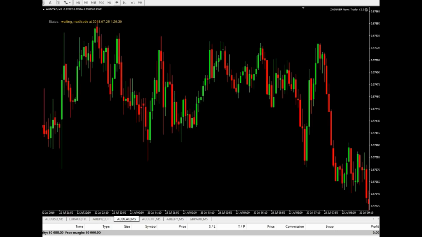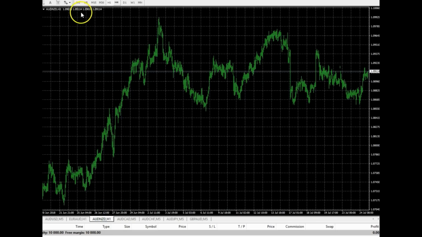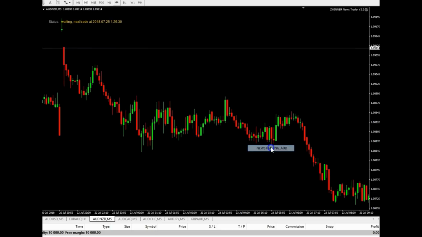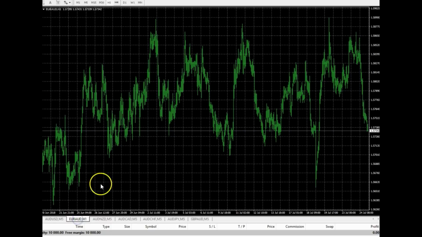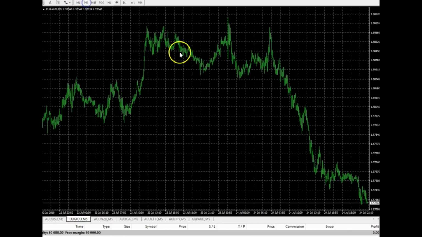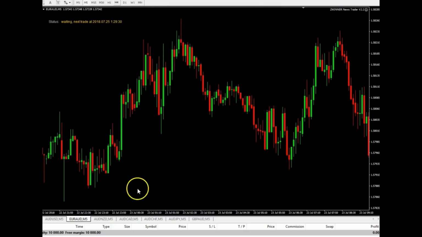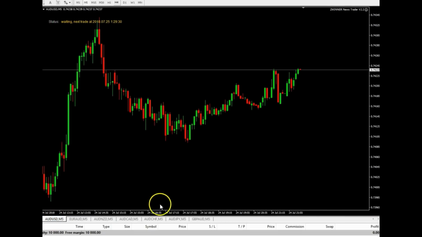And then we have another AUD NZD. Change the time frame, right click, template, AUD NZD. Euro AUD with 5 minutes, right click, template, New Zealand, and here it is. So all 7 pairs, 1 2 3 4 5 6 7.